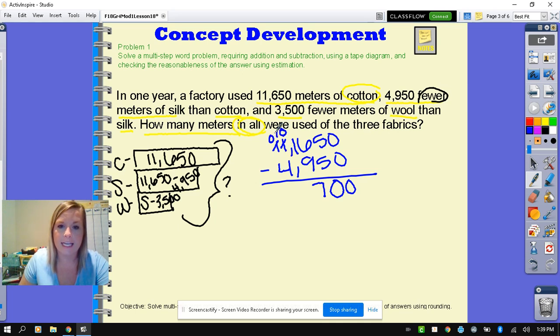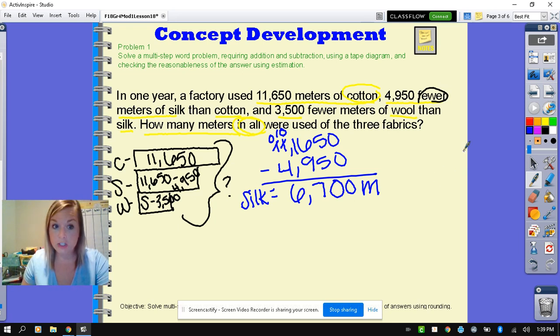This becomes a 10, and 10 minus 4 is 6. So 6,700. I'm going to label it M, and I'm going to put this is silk. So silk is 6,700 meters.